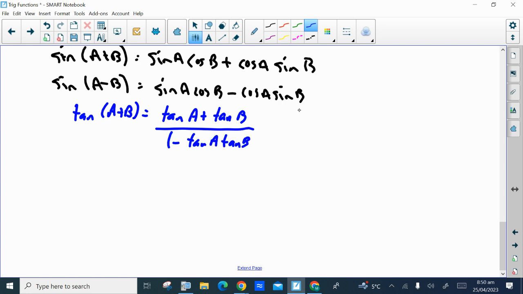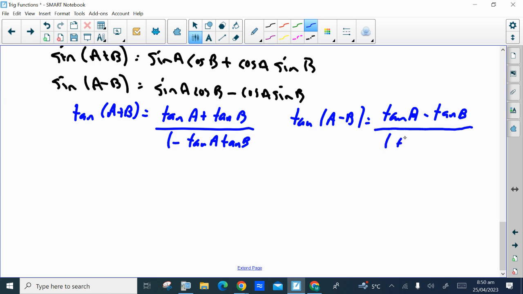That's the sum identity for tangent. The difference identity, the only thing that's different about that is it's the tan of a minus the tan of b over 1 plus tan a tan b. So those are the sum and difference identities.